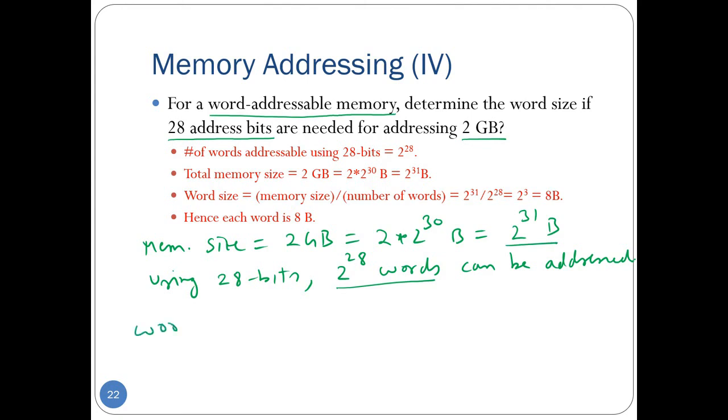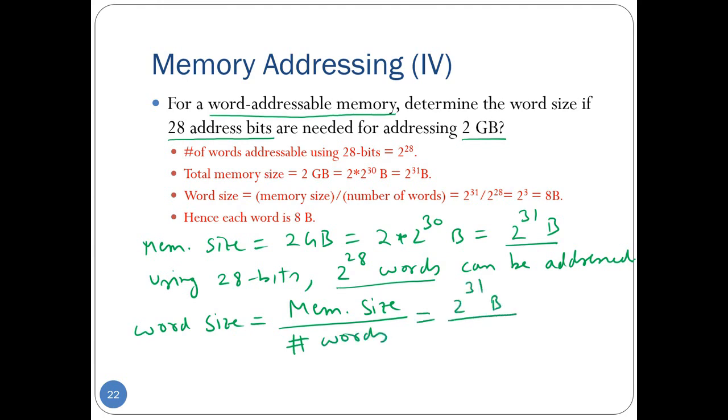So the word size would be given by memory size divided by the total number of words in the memory. That is 2 to the power 31 bytes divided by 2 to the power 28 words. So this is simply 2 cube bytes, which is 8 bytes.